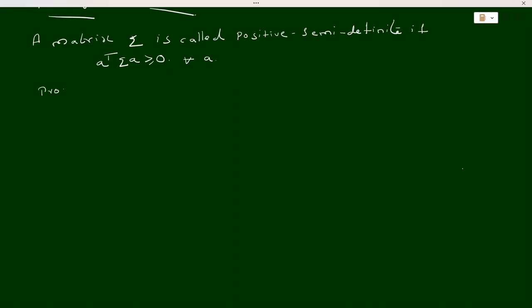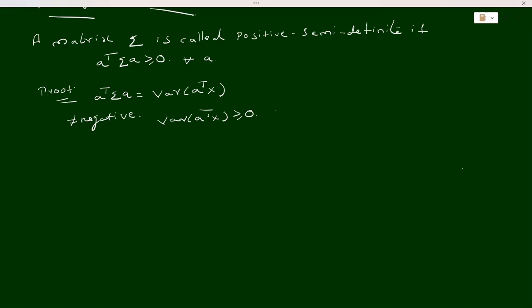That is, A transpose sigma A is equal to variance of A transpose X. Since we have seen in the last property that variance can never be negative, variance of A transpose X is greater than or equal to 0.